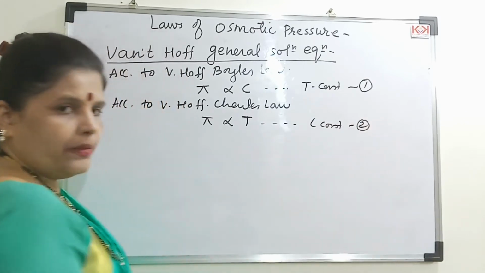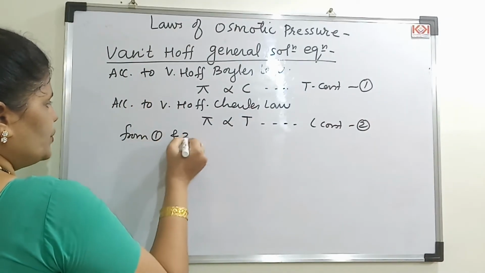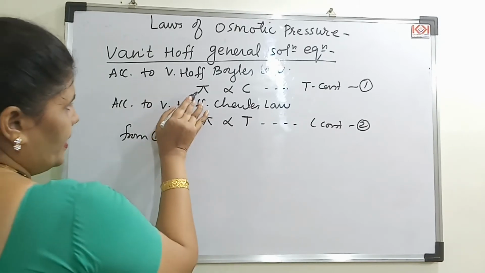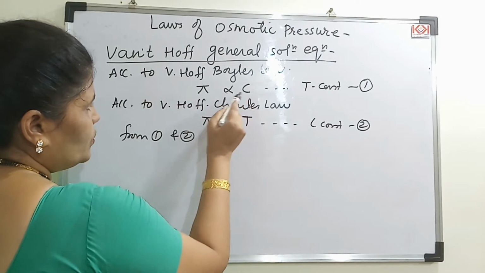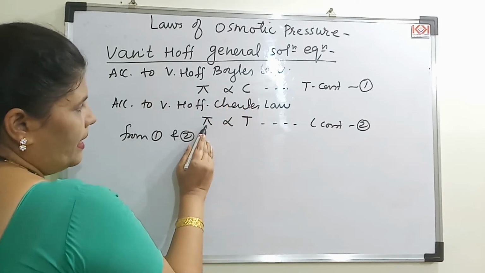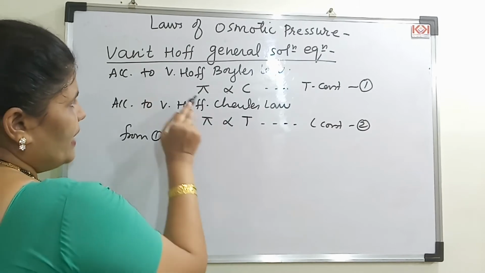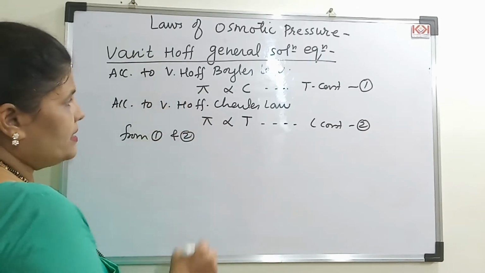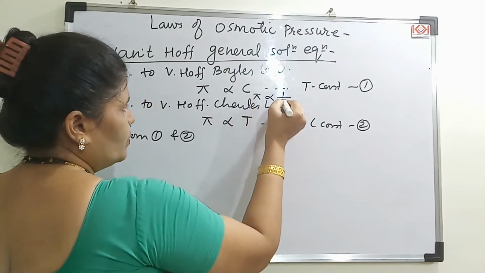I'll mark this as equation number 2. So from equation 1 and 2, osmotic pressure is directly proportional to concentration, and osmotic pressure is also directly proportional to temperature. We have seen one more equation for this, and that was pi is inversely proportional to its volume.